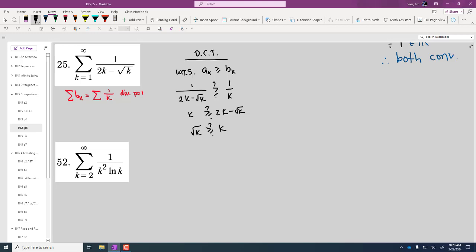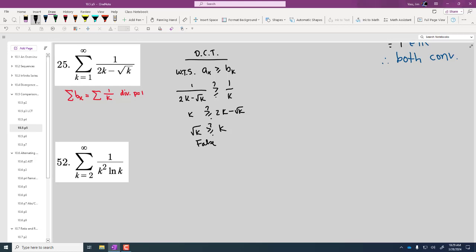And is that true or false? False. The square root of k, eventually, if you don't look close to the beginning, square root of k goes like this, k goes up, y equals k goes up. So this is false. So then we would go to the limit comparison test.